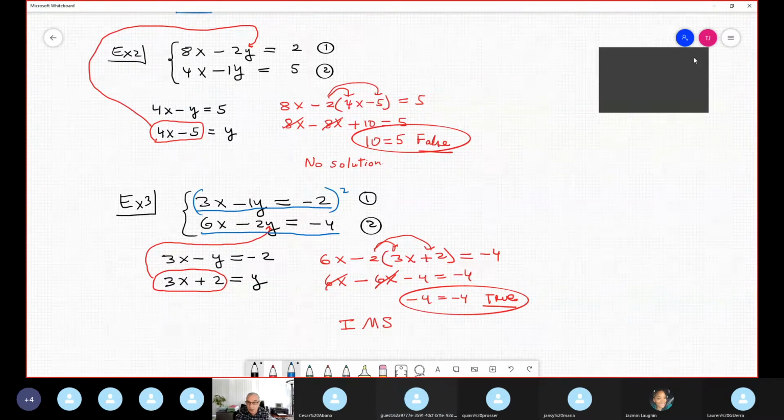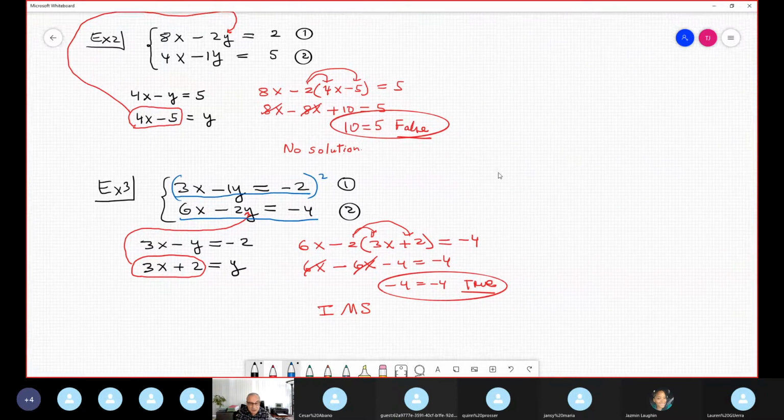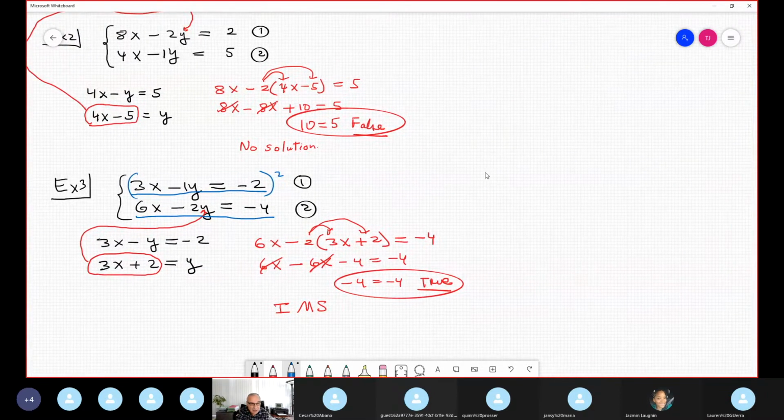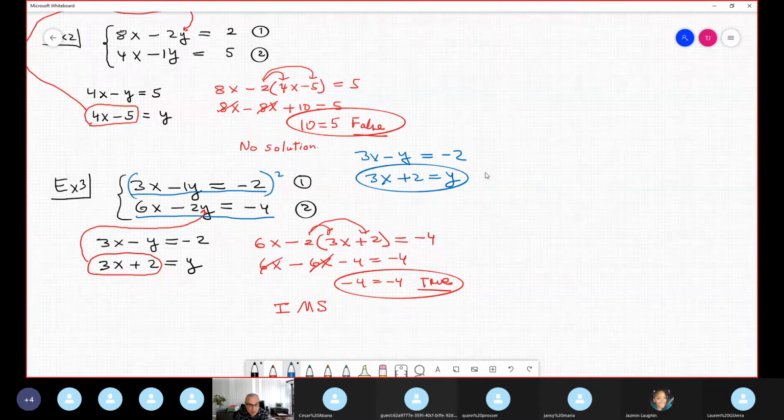Now, another way to see the same idea is, look. I take the equation 1. Equation 1 is 3x minus y equal -2, and you manipulate a little bit and solve for y. I did that. It's 3x plus 2 equal y. And you take the equation number 2, and we are doing exactly the same.